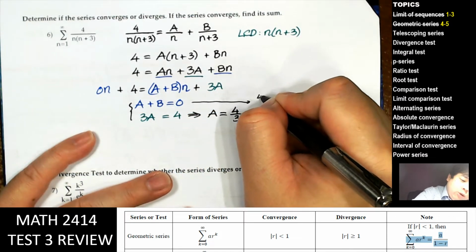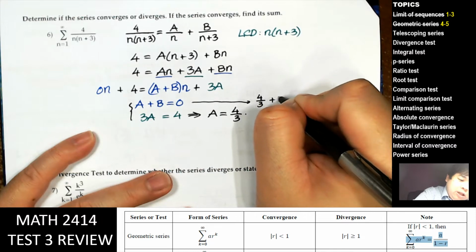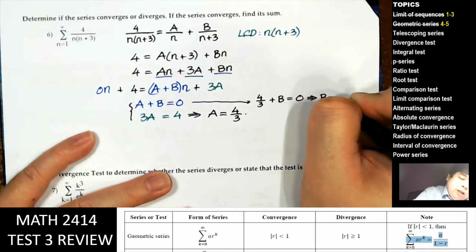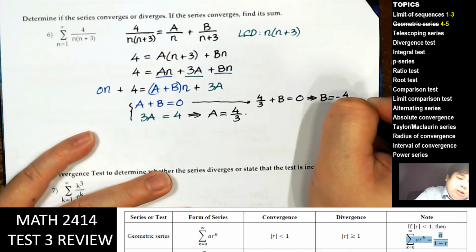So we have 4 over 3 plus B is 0, so B is negative 4 over 3. Right.